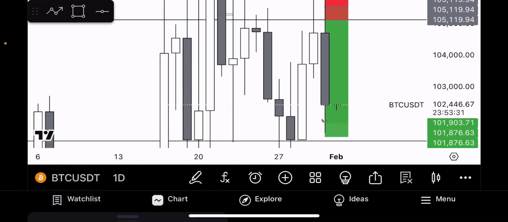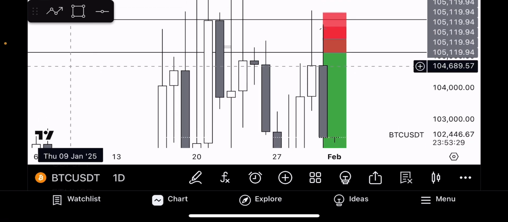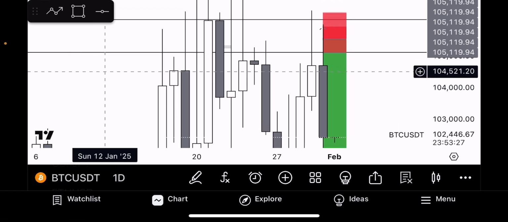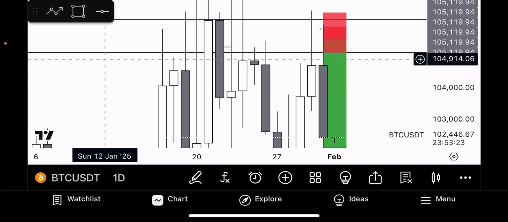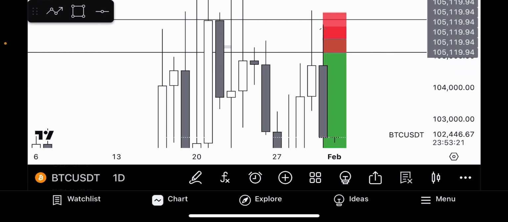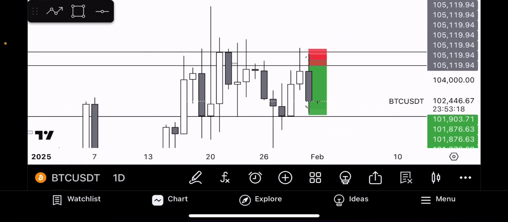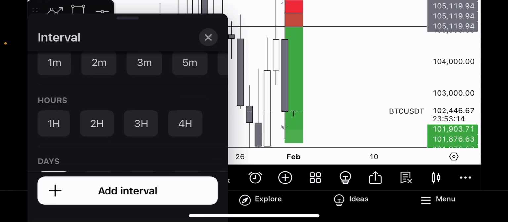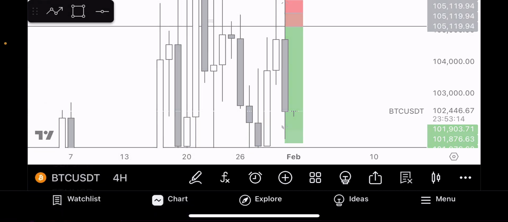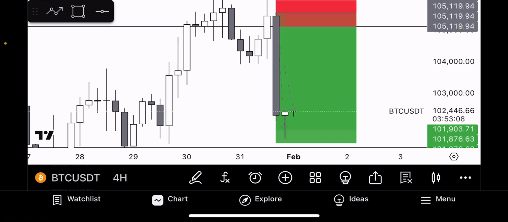Let's switch back to the candles. So the ideal place we are going to take our entry is this. We are going to switch to the 4-hour to look for entry. We are going to refine to the 4-hour to look for a sweet entry.